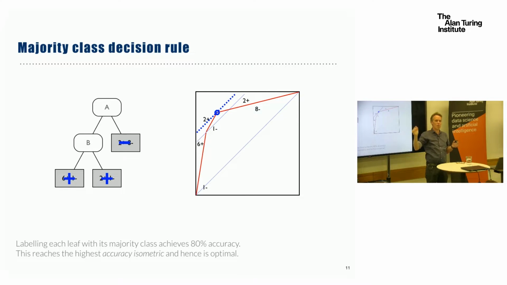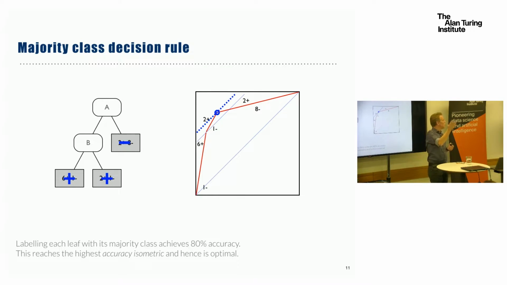So if I have uniform class distribution, if I improve performance by 1 on the positives, then I need to decrease performance by 1 on the negatives in order to keep my accuracy the same. So these are 45-degree lines if I have equal class distribution, but the slope of the lines changes if my class distribution changes. Okay?